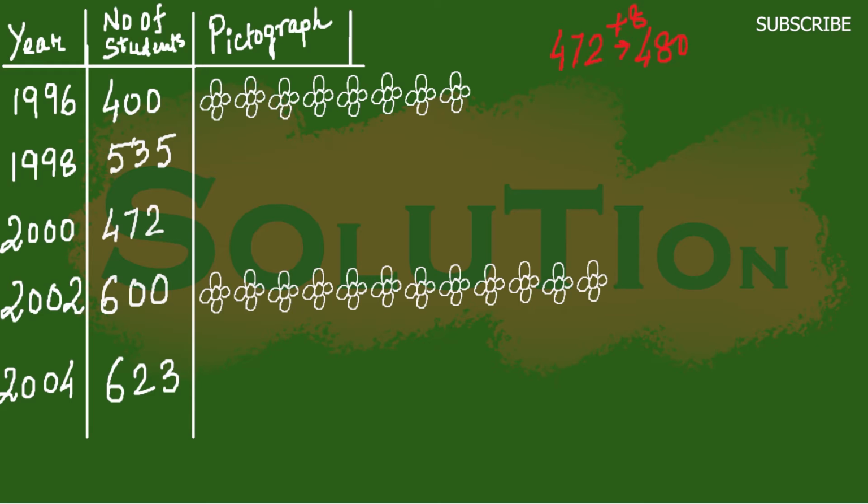Definitely I have added much more, because I have to arrange this in such a way that I can get a symbol, and we know that 80 has one symbol. That is why we converted 472 to 480, so that for 80 I can use one symbol. And in our previous example I considered 100 as a symbol.